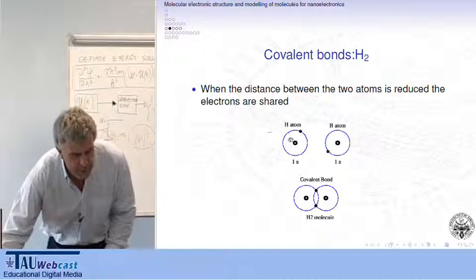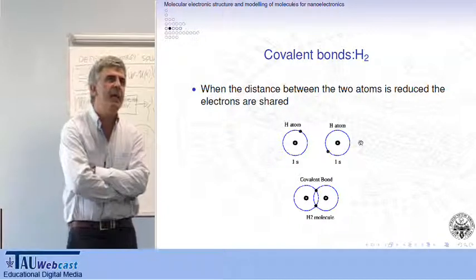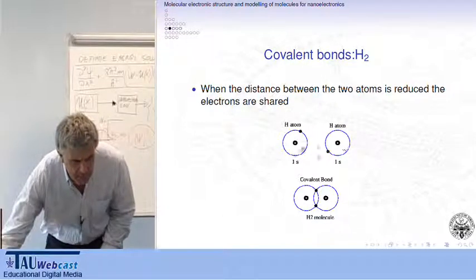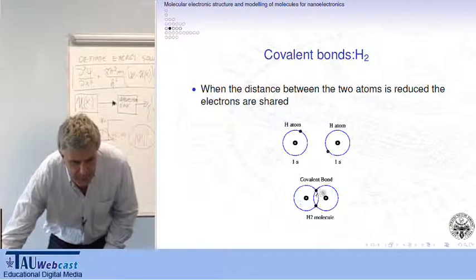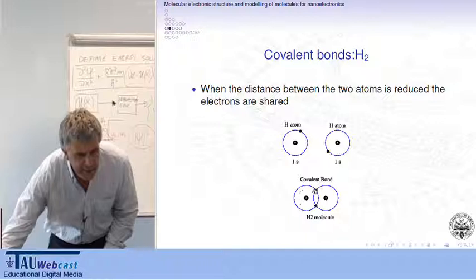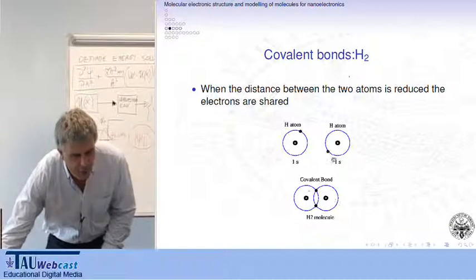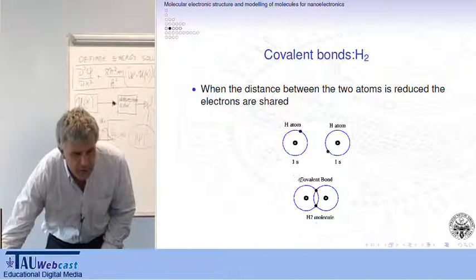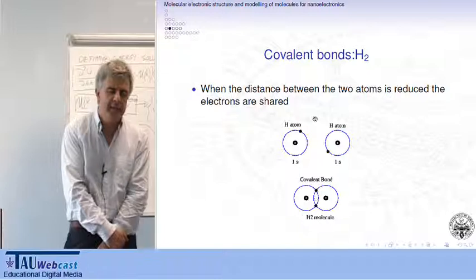That means that for these two hydrogen atoms, you have the same wave function, the same energy for electrons. But when the distance is reduced, these two orbitals interact, and the system, from the quantum mechanics point of view, is just one. That means that we have to modify the atomic orbitals to define molecular orbitals, because probably the electrons inside the system have a different energy with respect to isolated atoms.